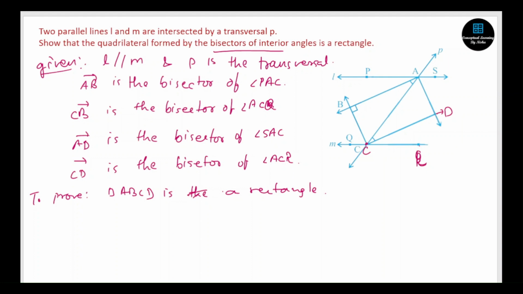Now see, what can I say about this whole angle A and this whole angle C? Correct. So angle PAC plus angle ACQ equals 180, supplementary angles.